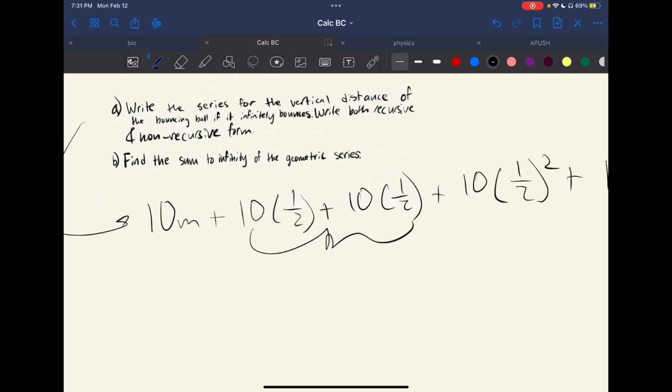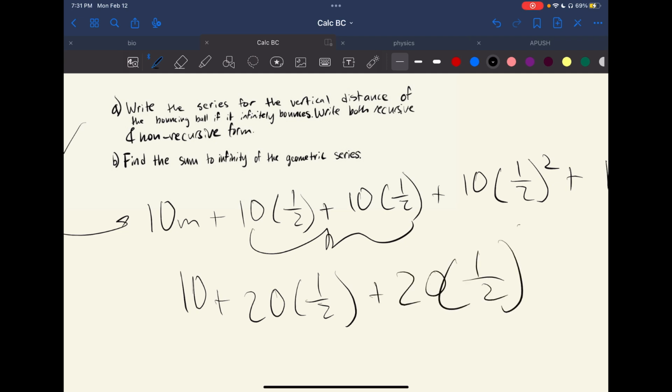So if we rewrote this, if we simplified it, it's going to be 10 plus 20 times 1/2 plus 20 times 1/2 squared. You can see a pattern forming here.